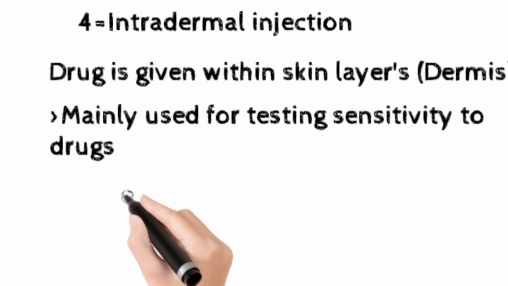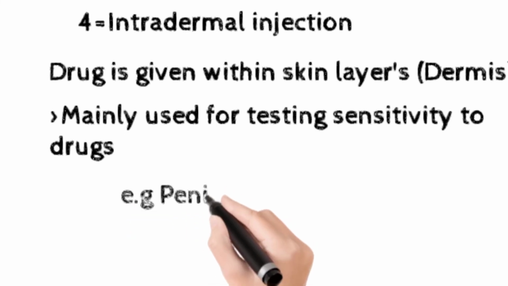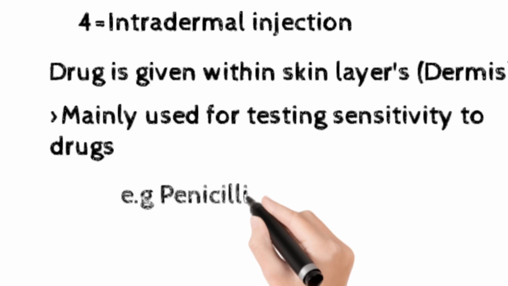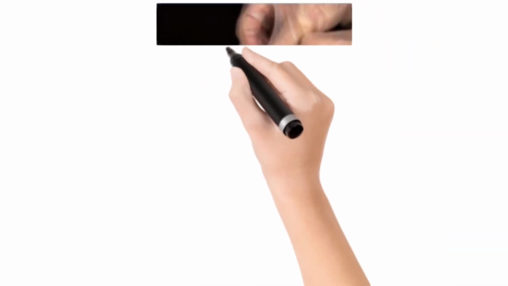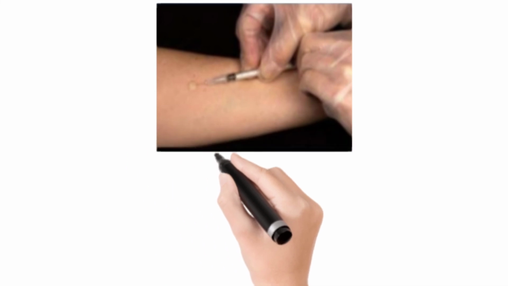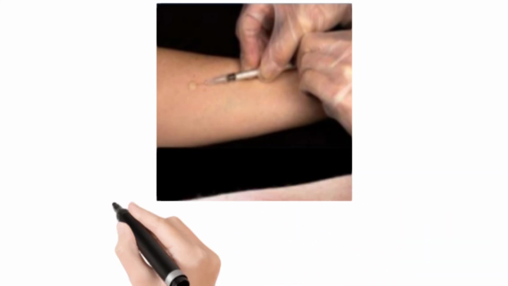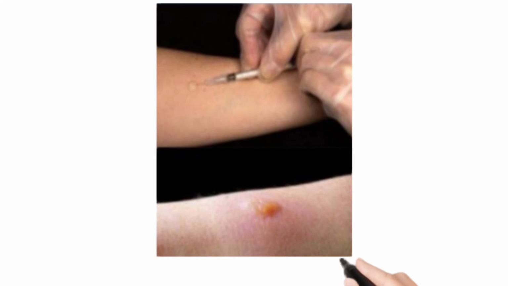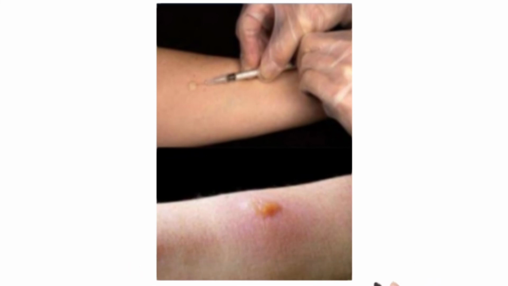For example, if a patient is sensitive to penicillin, we give the intradermal injection. Look at this diagram. We inject the penicillin into the intradermal layer. Look at the patient's sensitivity to the drugs.